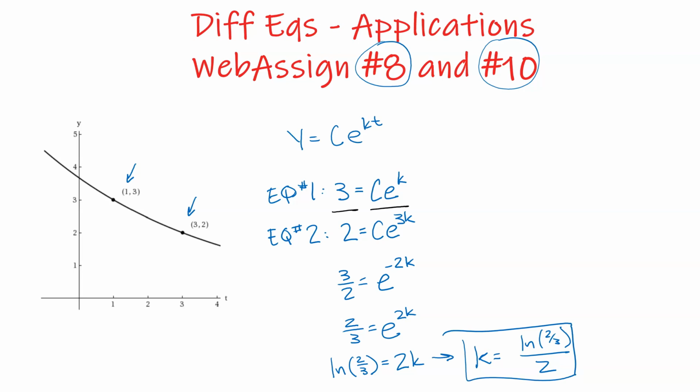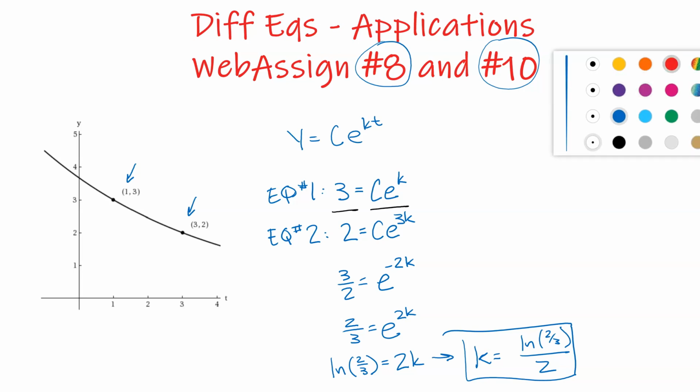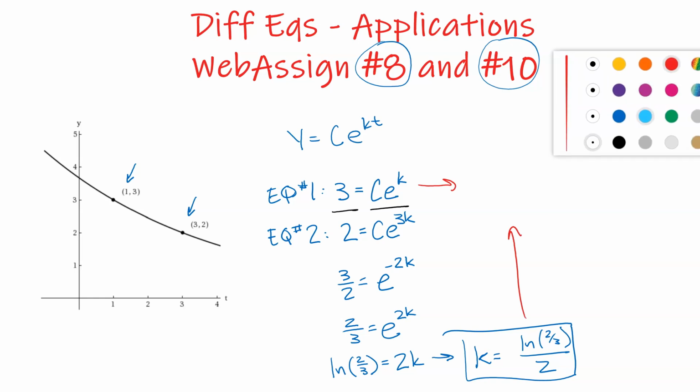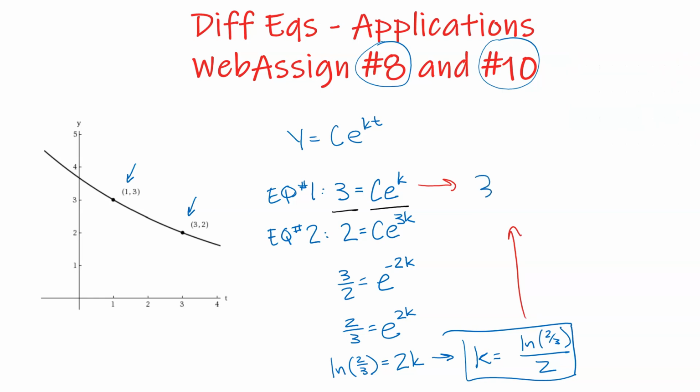We now have to go back and solve for c, and I can do that by going back to either one of these two equations and substituting in what I know. I now have 3 equals c times e to the ln of 2/3 divided by 2. Oh, well, that's pretty straightforward.